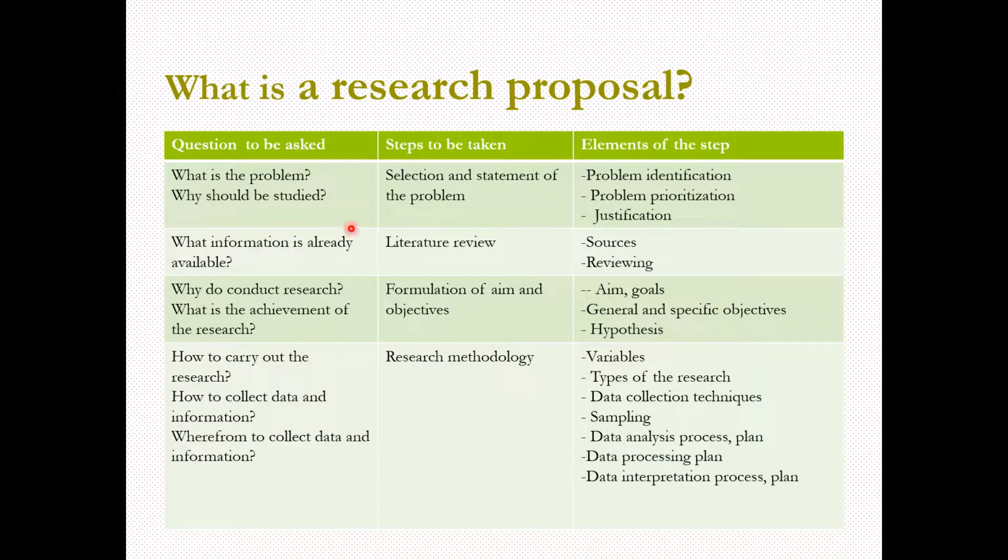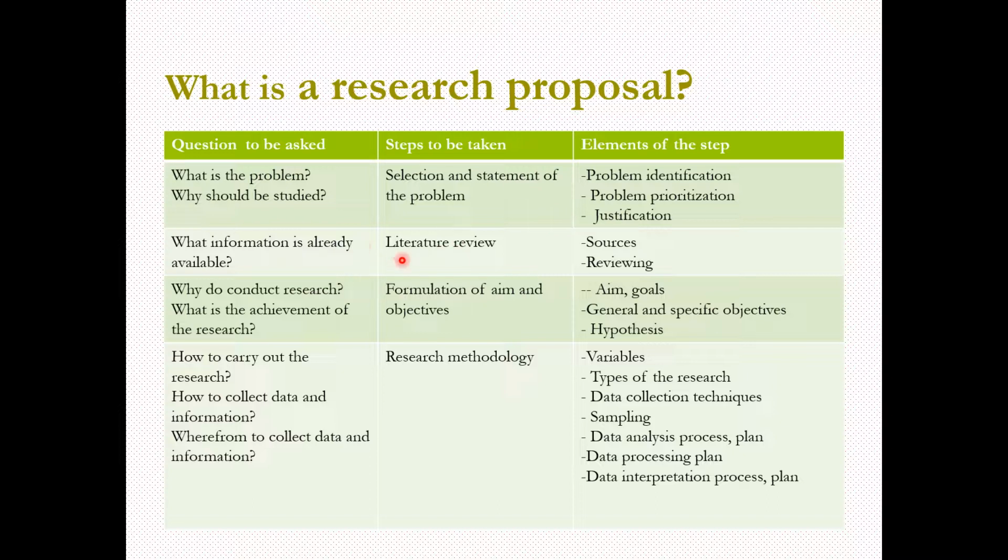Then once you answer these questions, specify the step and take the elements for that step, you might have another question: what information is already available? Now you have the problem at hand, you specify the statement of the problem, you put out the elements of that problem, and then you ask yourself what information is already available.